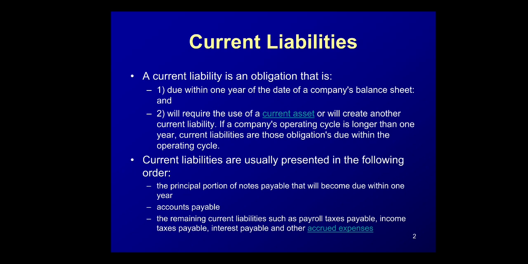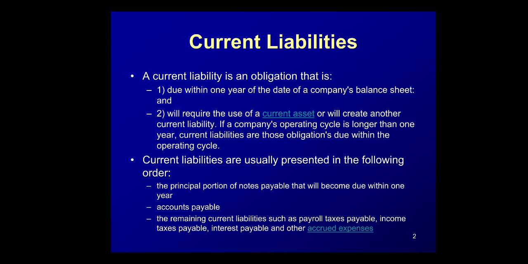A current liability is an obligation. Obligation means something that a business has to pay. So it is an obligation that is first due within 1 year of the date of a business balance sheet.